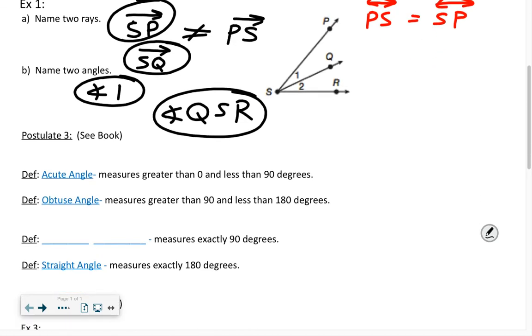Postulate 3. Let's go ahead and open up our books to page 14. I would not copy all of it down, but instead I would copy number 1 as well as number 2 and include the diagram over to the right.